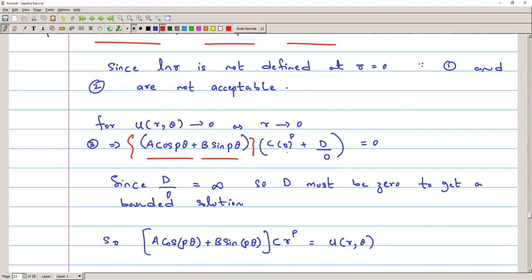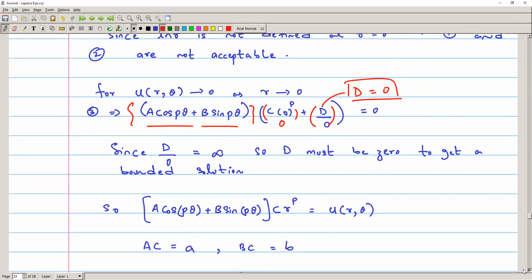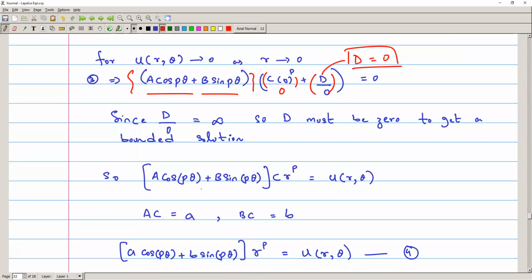Therefore we can see that this is already 0. When multiplied by 0, this will become 0, so we will only be left with this one, right? So from here we can say that d is equal to 0, which means that now we are only left with the solution a cosine p theta plus b sine p theta times c r to the power p, equal to u(r, theta), right?